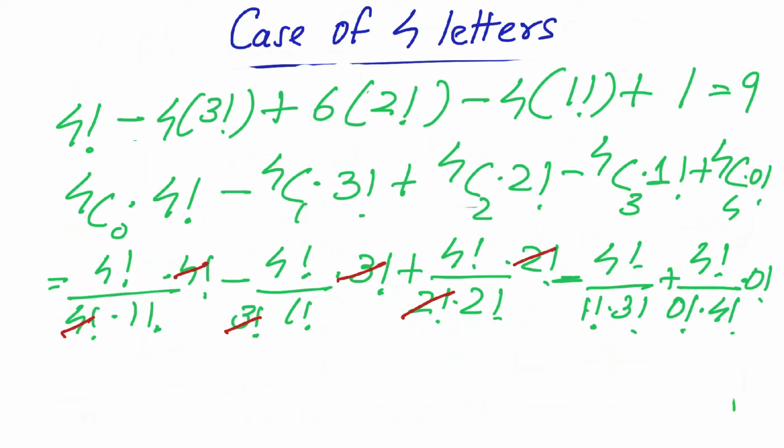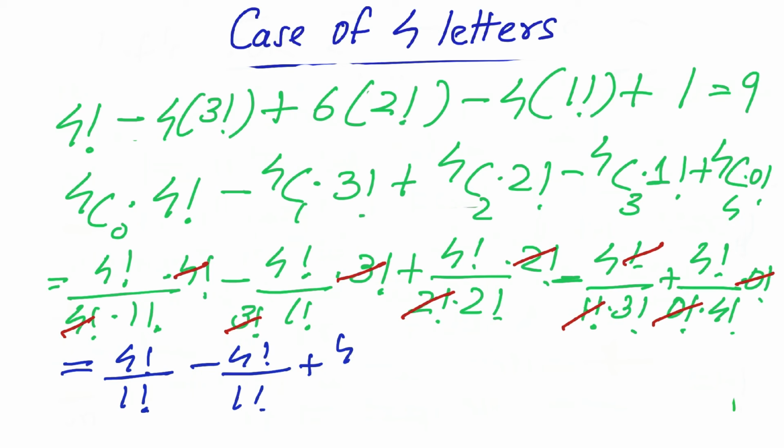Cancelling off the common factorial, we can easily see that an interesting pattern comes up, that is 4 factorial by 0 factorial minus 4 factorial by 1 factorial plus 4 factorial by 2 factorial minus 4 factorial by 3 factorial plus 4 factorial by 4 factorial.